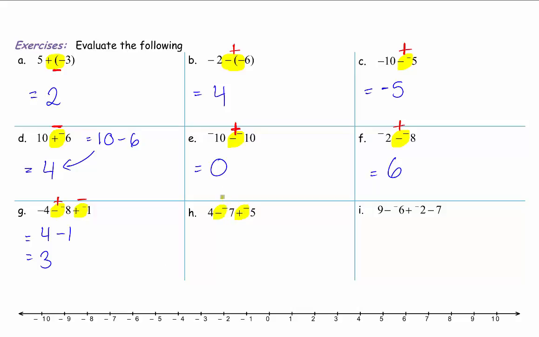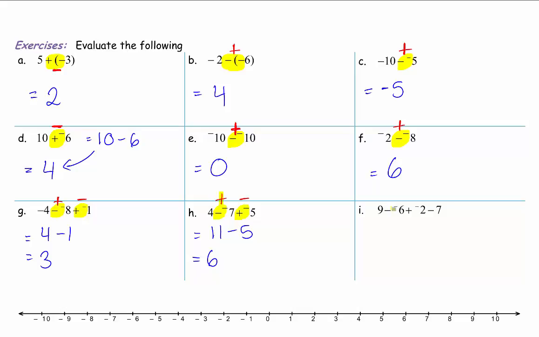Next, this minus minus becomes a plus, and this plus minus becomes a minus. So I've got 4 plus 7 is 11, take 5, which is 6.